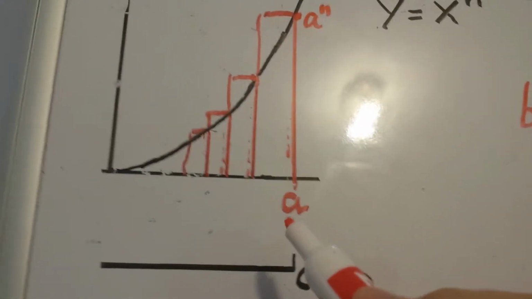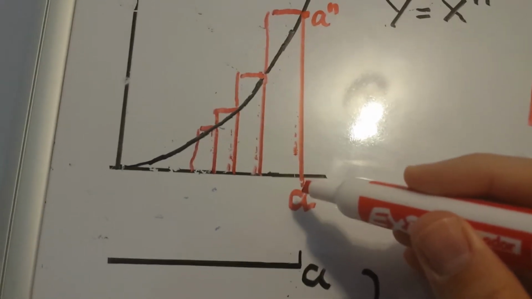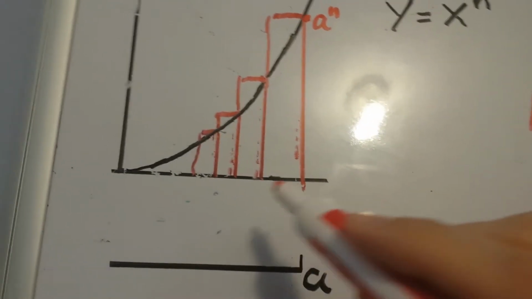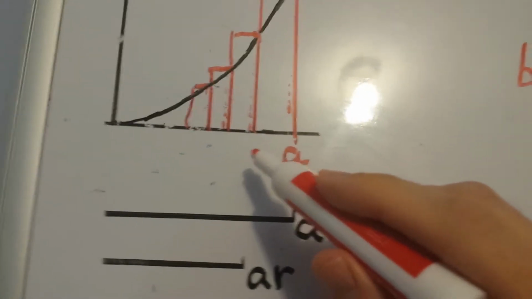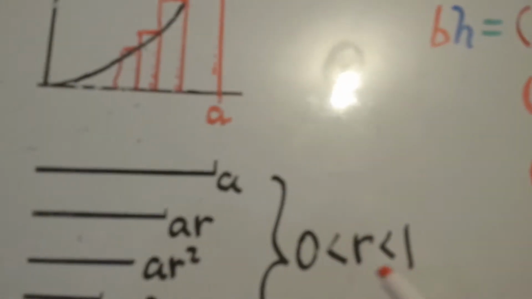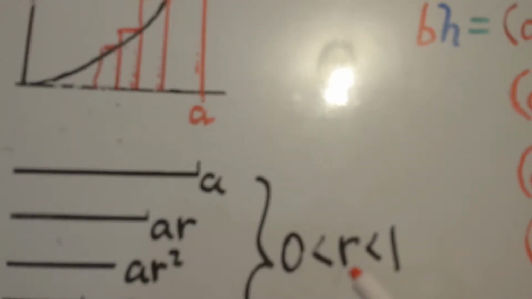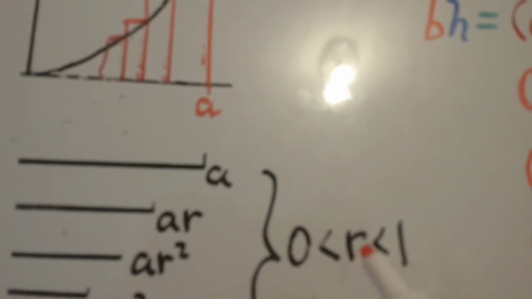Given an a, because he wants to find the area from the origin to a, this would be at a times r, for an r greater than 0 and less than 1. And so this would be a times r. This point right here would be a times r squared, and the next point would be a times r to the third power, and so on and so on. And this is how he would form his curves.